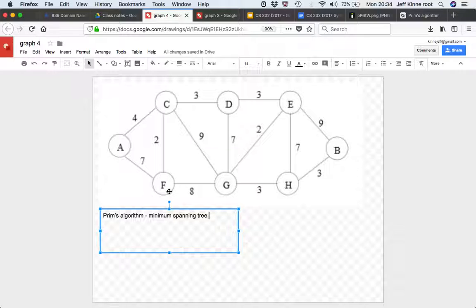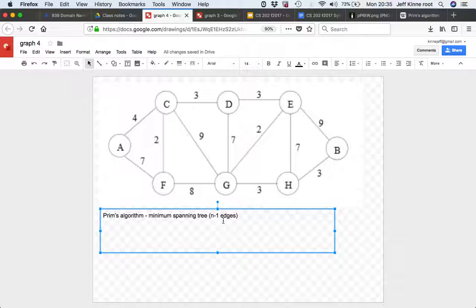So seven edges. So n minus 1 edges in general if you have n vertices. And minimum means lowest total weight. This only makes sense for weighted graphs. If the edges don't have weights, then you need n minus 1 of them, and that's it.